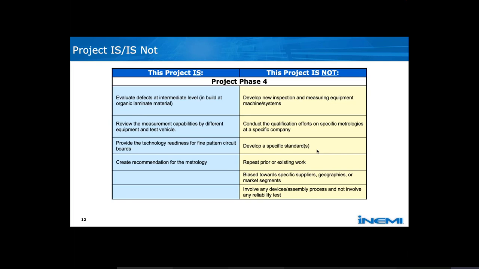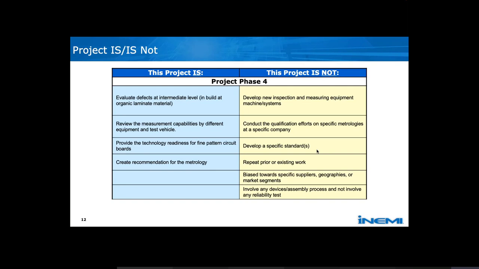And we are not going to do the following things, which means they're out of scope. It's not about developing inspection equipment or technology, so it's using the existing ones from industry. We're not going to qualify anything. It's not like iNEMI or IBM is going to use this to qualify anything.